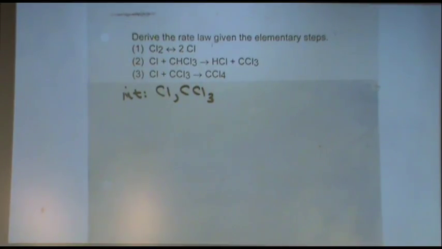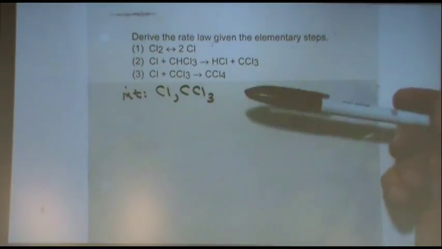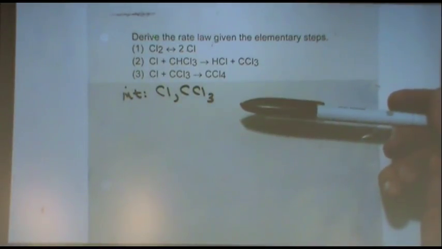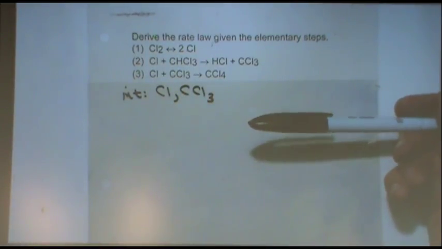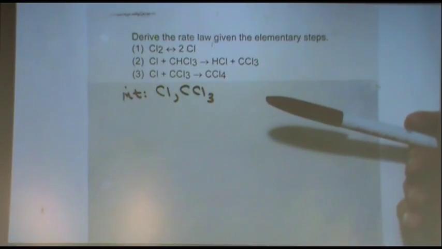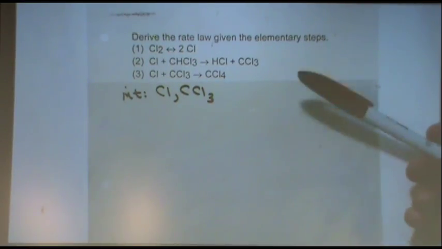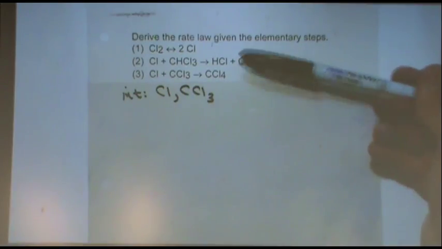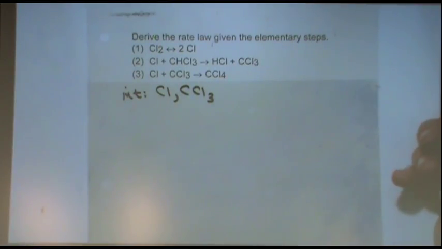So you might want to start out, well, the other problem is we don't know which rate to solve for because I didn't give you any information. In this case, that will become apparent as we start to solve the problem. But at this moment, we don't know whether to solve for rate 1, rate 2, or rate 3.